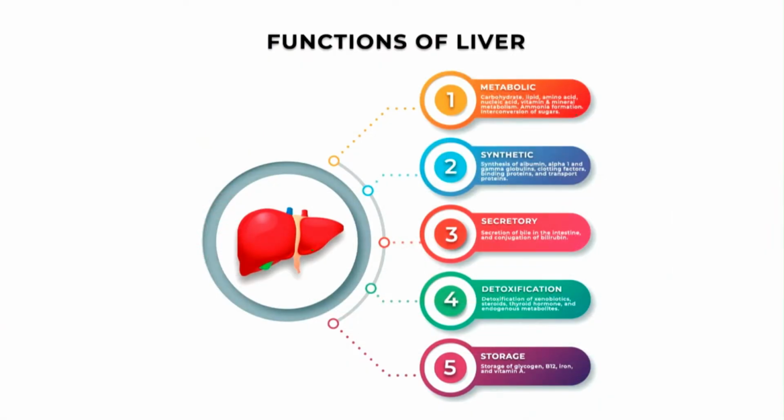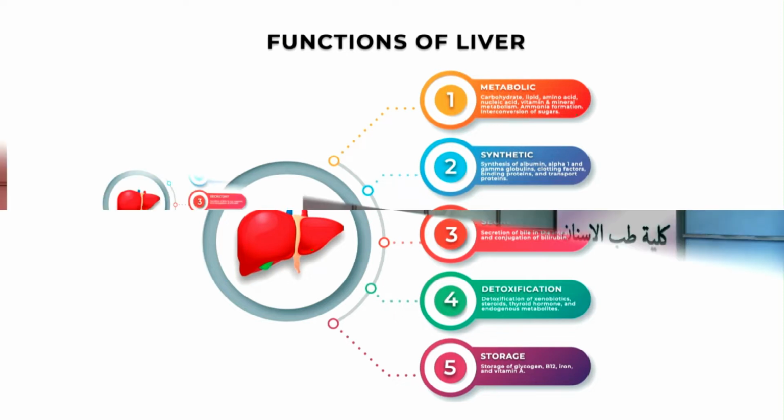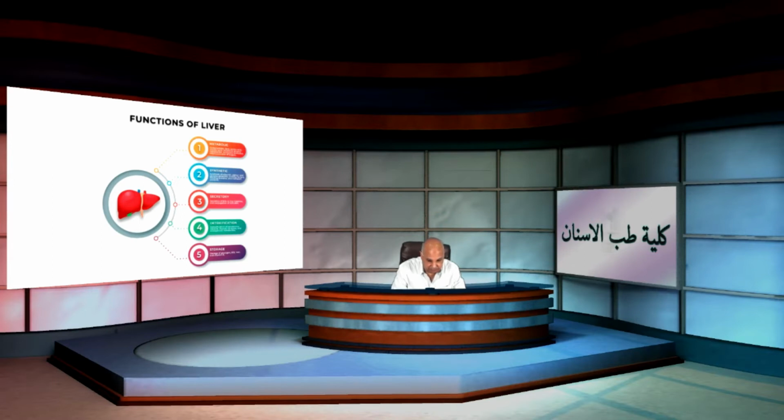The liver, like any other vital organs of the body, has many functions, such as metabolism. So it is important in the metabolism of carbohydrate, proteins, and lipids, and also amino acids. Also, it has a function in synthesis of certain substances, such as the clotting factors or coagulation factors, which is very important in the process of hemostatic mechanism.